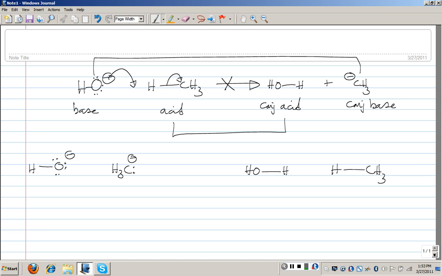Well, for heaven's sake, the issue is O and C are periodic partners. Therefore, the issue comes down to a difference in electronegativity. So O is much more electronegative than H, and therefore the OH bond is going to have a significant polarity on it. H has the same electronegativity as carbon.